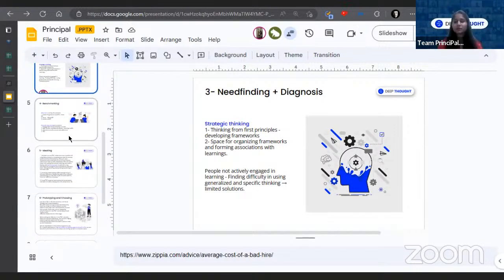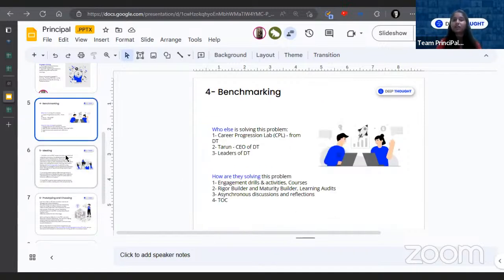Yeah, so as Samita mentioned, we are focusing on how people can think strategically in the long term. We find that there's a need to develop a solution that focuses on frameworks rather than addressing problems in a short-term manner. We found through experimentation that people who are actively engaged in learning drills can come up with solutions in a long-term manner and think strategically.